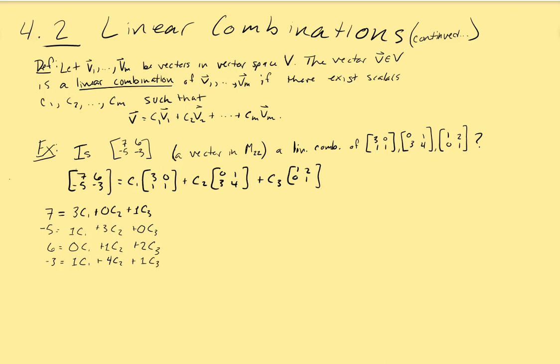And wouldn't you know it, again, this idea of determining whether one vector is a linear combination of others amounts to just solving a linear system for those scalars C1, C2, and C3. I'll do this the same way I handled it before. I'll pack this system up into an augmented matrix.